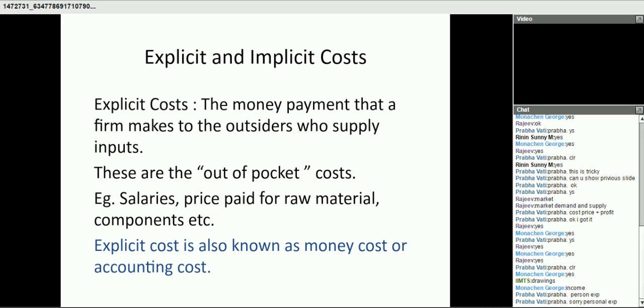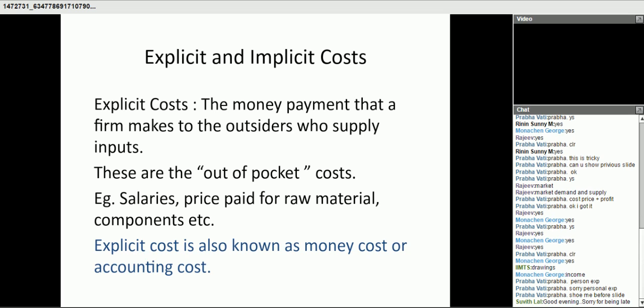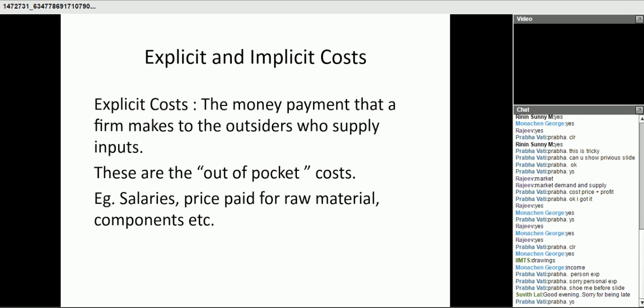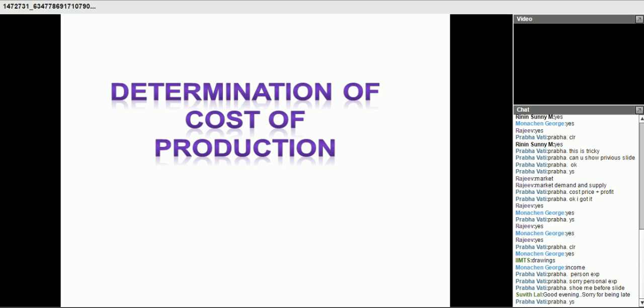Okay, then the next is explicit and... you want to see the previous slide. There was nothing in that, Prabha. I don't think there was anything written in that. Just a minute. This was the previous slide.